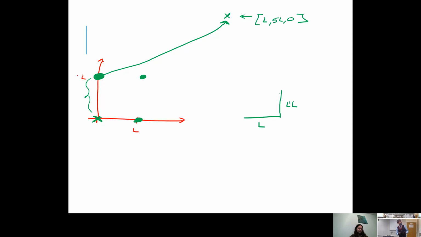Okay, order's restored. So to get the distance to that field point from this upper left-hand charge, you get L squared plus 16 L squared, so the square root of 17 times L for that one distance.